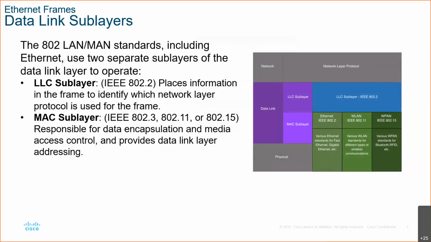With regards to the data link sublayers, we have studied this before. We have got the LLC sublayer, logical link control, and the MAC sublayer. Information about logical link control is in IEEE 802.2, and MAC sublayer is IEEE 802.3 and 802.11 and 802.15.